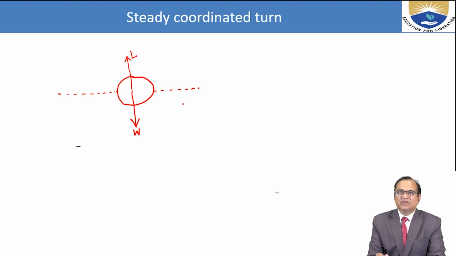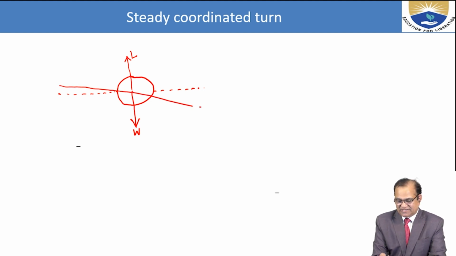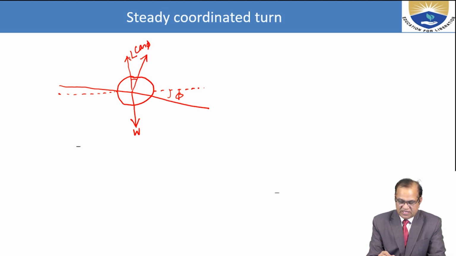But in a steady coordinated turn, the aircraft has to be banked. This is the bank angle phi. Here the lift will not be in the same direction but perpendicular to the wing, and it resolves into L cos phi and L sin phi.